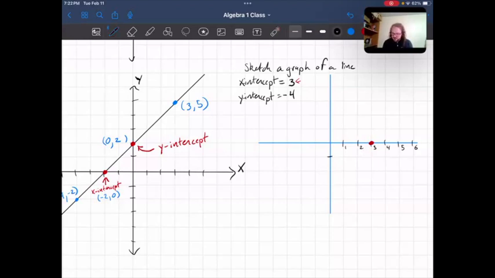And then I'm looking for the value -4 on the y-axis, and that will give me the other point. Right, so here's the y-axis. The value -4 is here. So this point is 3, 0, because it's to the right 3, and it's not up or down, right? It's on the 0 line. And then this point is 0, -4.